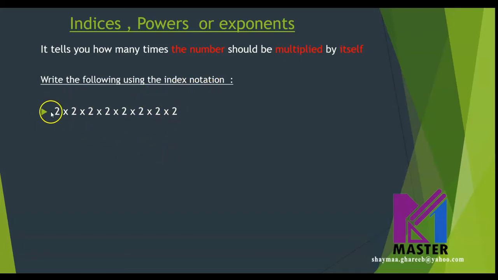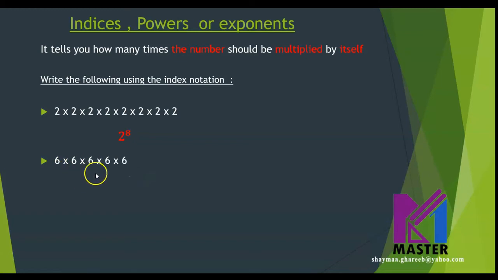So the base number here is number 2, and 2 is multiplied by itself how many times? 1, 2, 3, 4, 5, 6, 7, 8. So it will be 2 to the power of 8, and this is the answer to this question. So when the question asks you to express the sentence using the index notation, we just write the index notation. We don't need to find the value here.